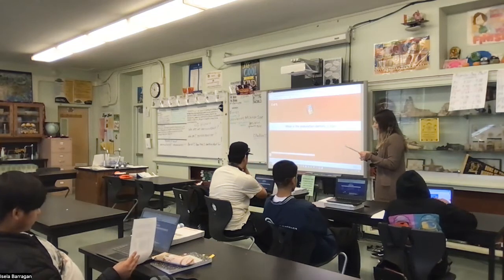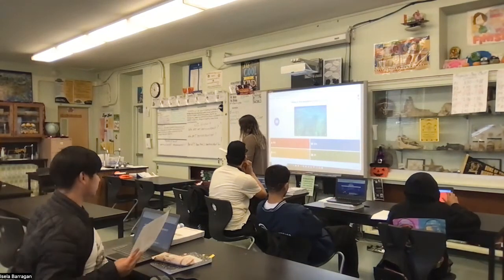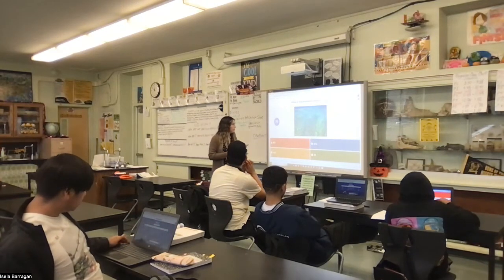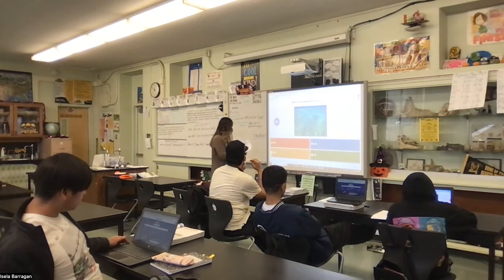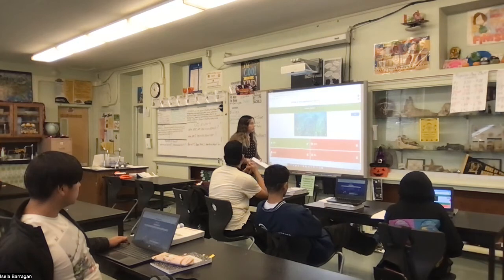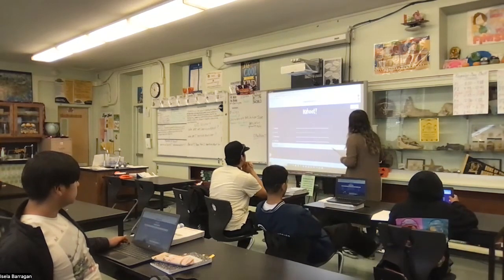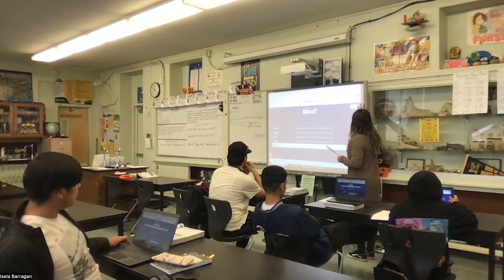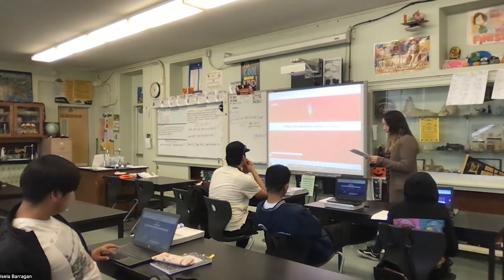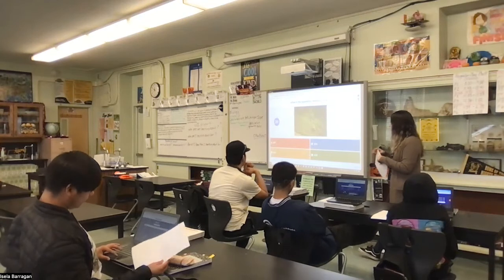Number 5 is Italy. For Italy, the population density is 518. And the last one for Greece, our population density is 204.